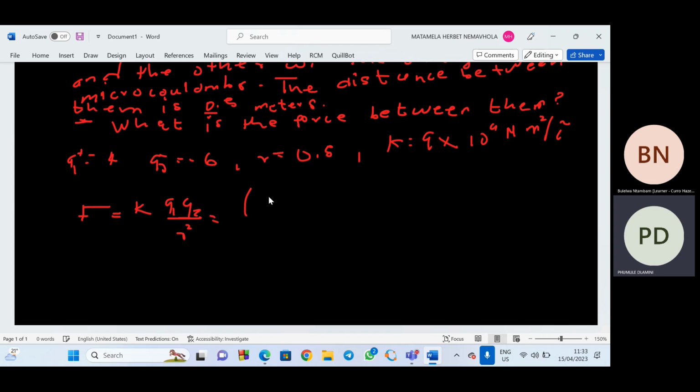When you are writing, you must also write with their units, or you don't indicate the units, but at the end remember that force equals Newton, N. So you're going to say 9 multiplied by 10 to the power 9, in brackets, the newtons, the force.